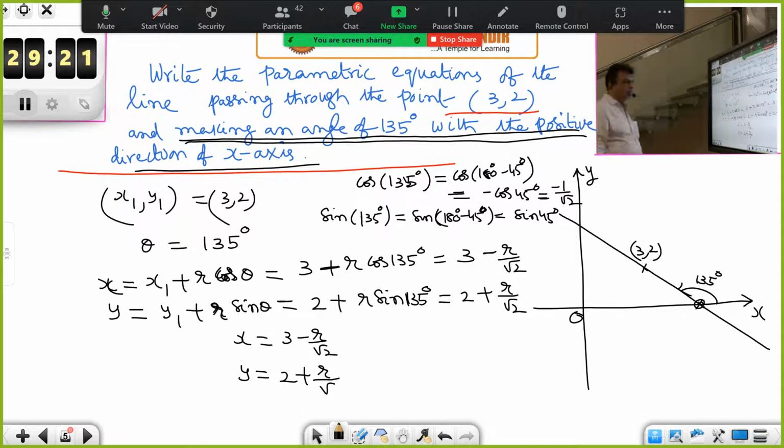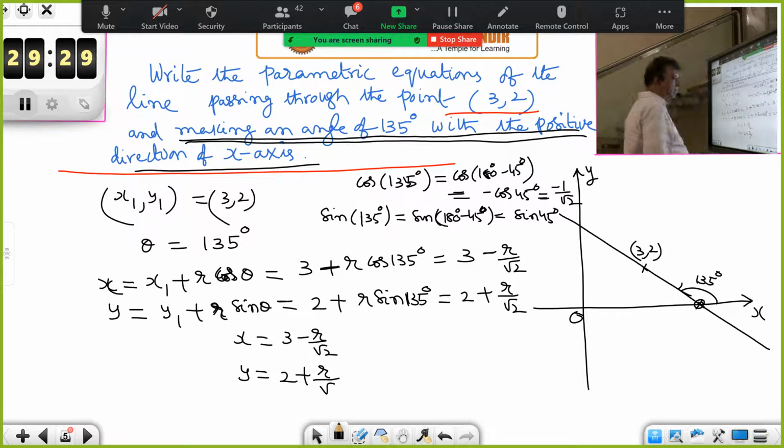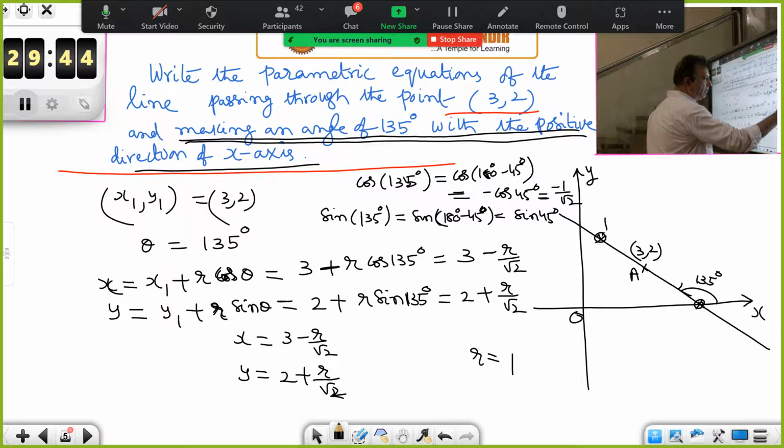Suppose I put r is equal to 1, Tanmayi. In the diagram, I get a point above or below? Above, sir. Above, compared with this point. The given point is A, 3 comma 2. So suppose I put r is equal to 1, I will get a point here. That means the x coordinate is 3 minus 1 by root 2, the y coordinate is 2 plus 1 by root 2.